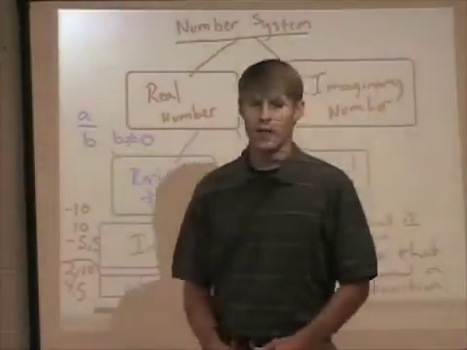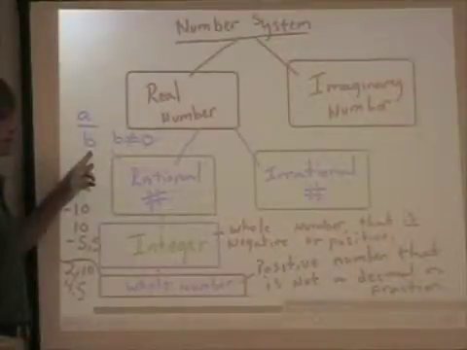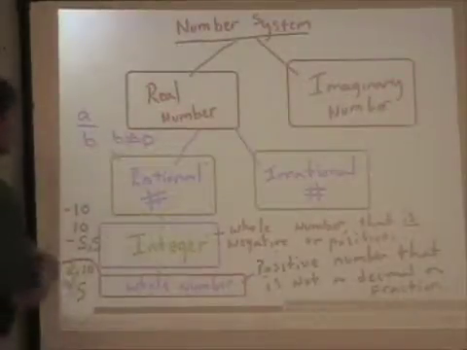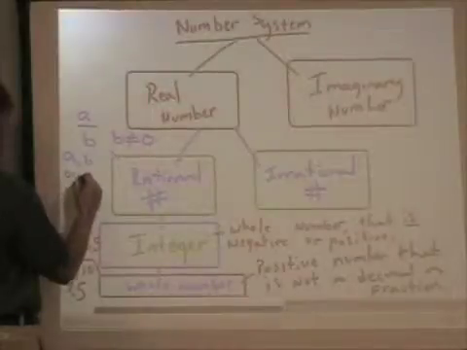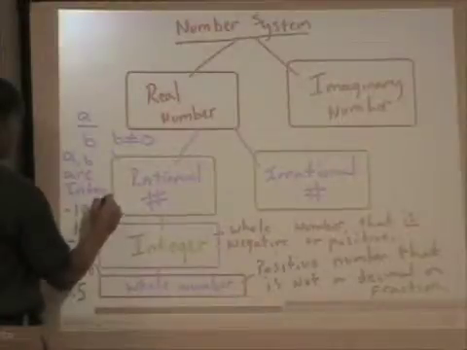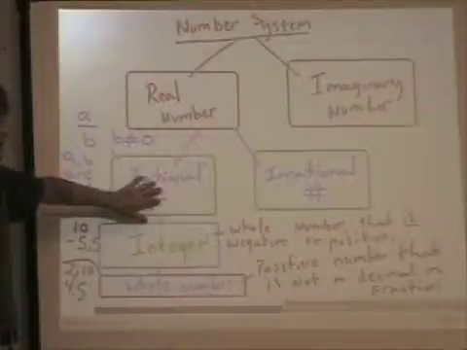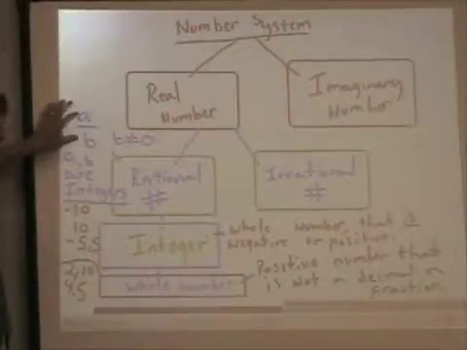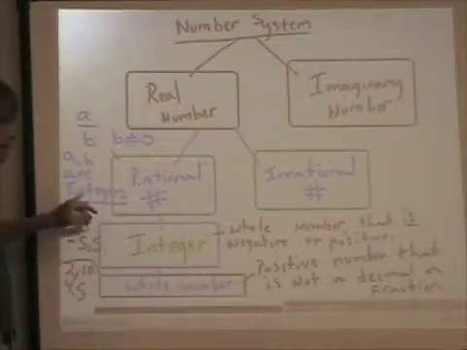In other words, the denominator cannot be 0. And A and B are what? Integers. So, the definition of a rational number is a number expressed in the format A over B where B isn't 0 and A and B are integers.